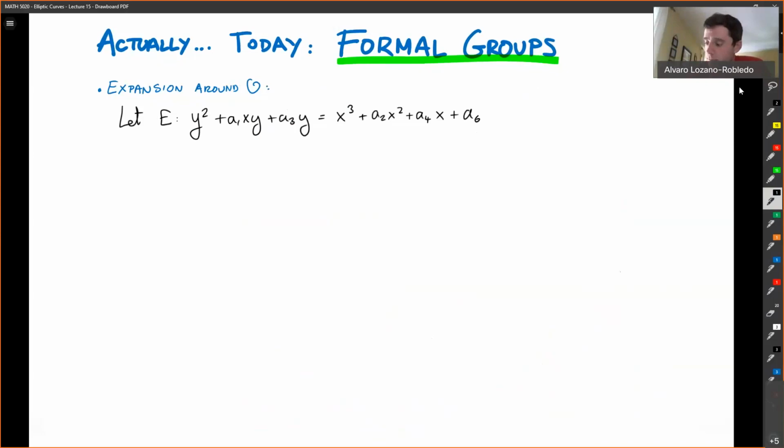Remember that this is what I get when I dehomogenize my projective equation for the elliptic curve. This is the chart (x, y, 1), right?